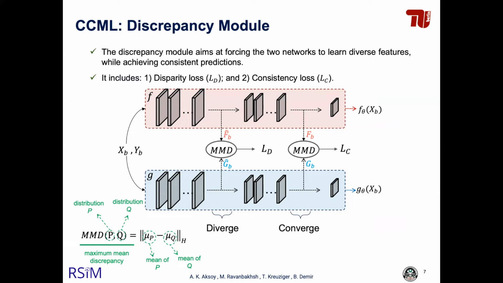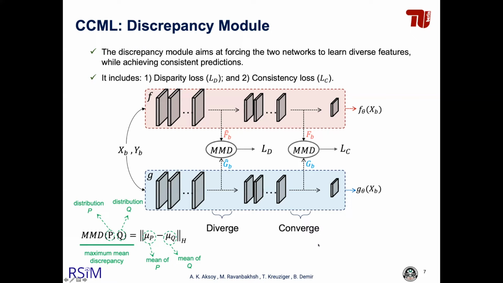This loss is calculated between the chosen layers of the two networks. The second loss function is the consistency loss, LC, which makes sure that the final predictions of the networks are similar. Therefore, it is inserted at the end of the network.